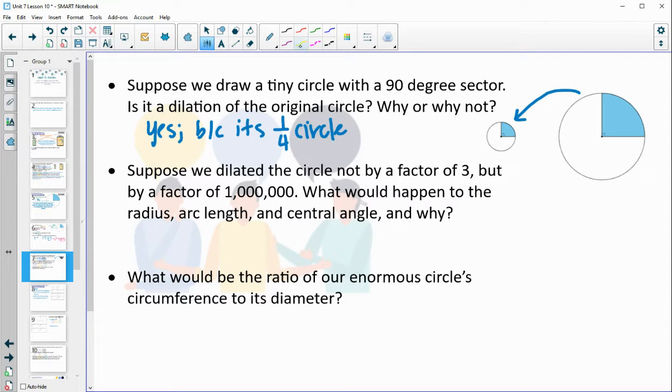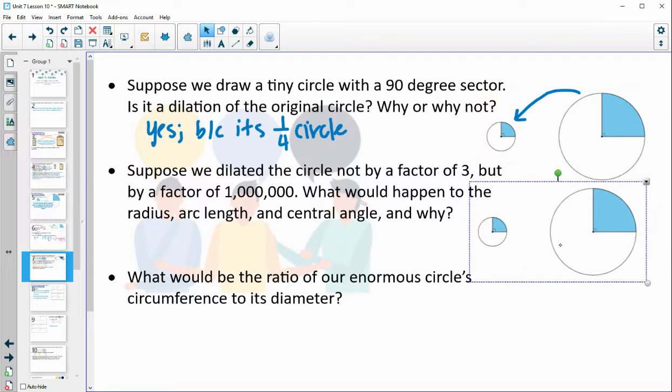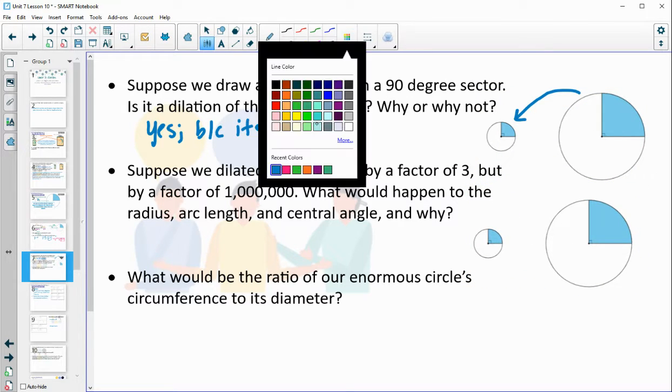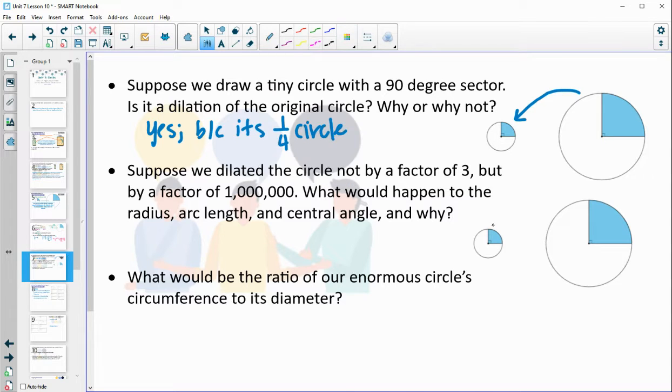Suppose we dilated a circle not by a scale factor of 3. Instead of the scale factor being 3, what if the scale factor was 1,000,000? What if we multiplied this by 1,000,000 times bigger? What would happen to the radius? The radius is still a length, so the radius would be multiplied by 1,000,000.